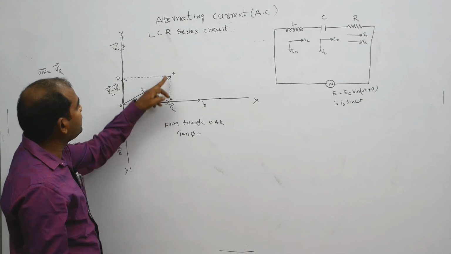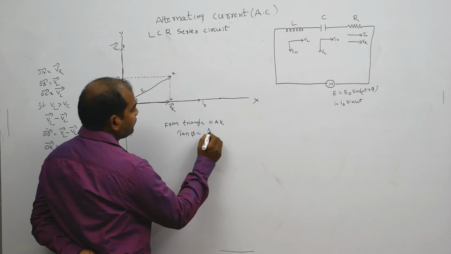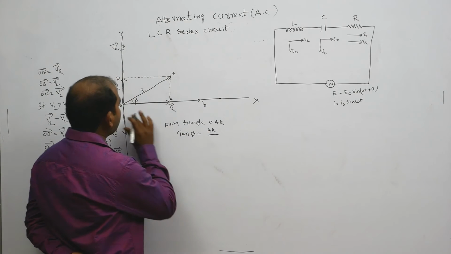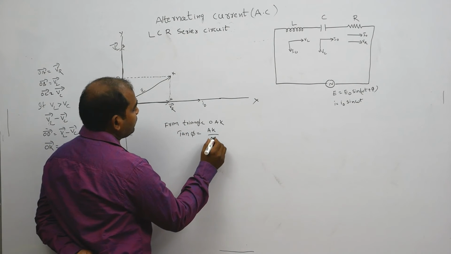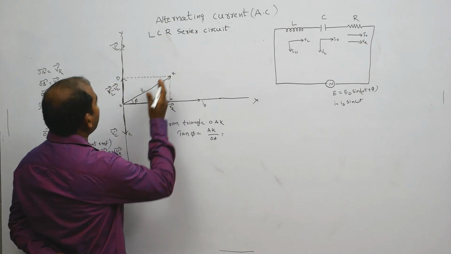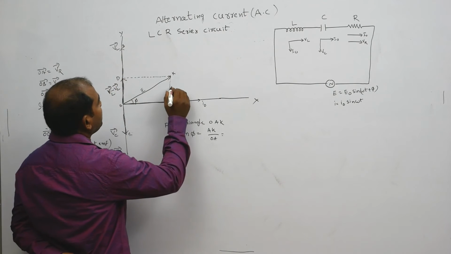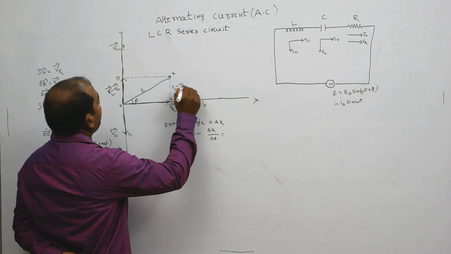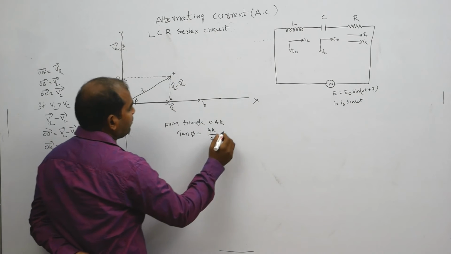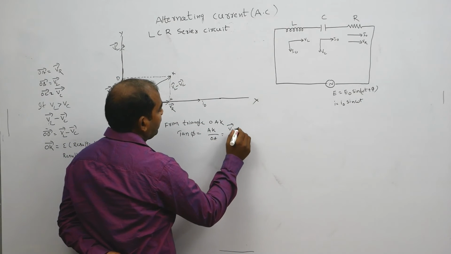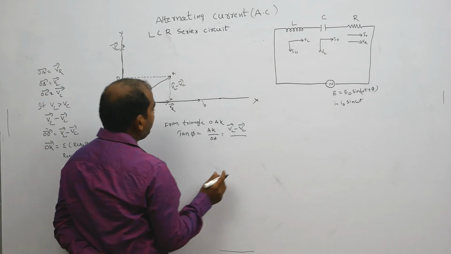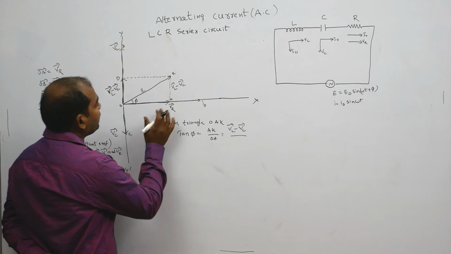What is the opposite side? AK, by the adjacent side OA. What is the value of AK? AK is nothing but OD. So it is also equal to VL bar minus VC bar. That means VL bar minus VC bar divided by OA. What is the value of OA? That is VR bar.